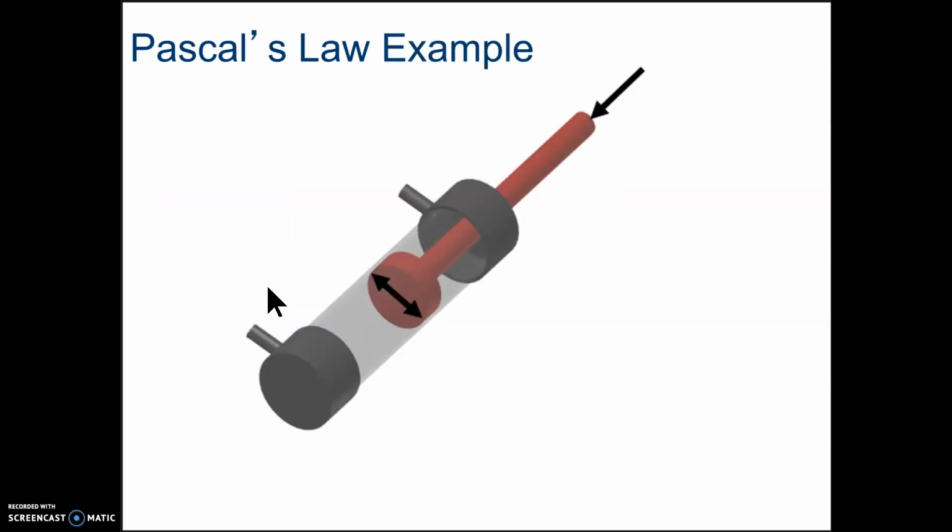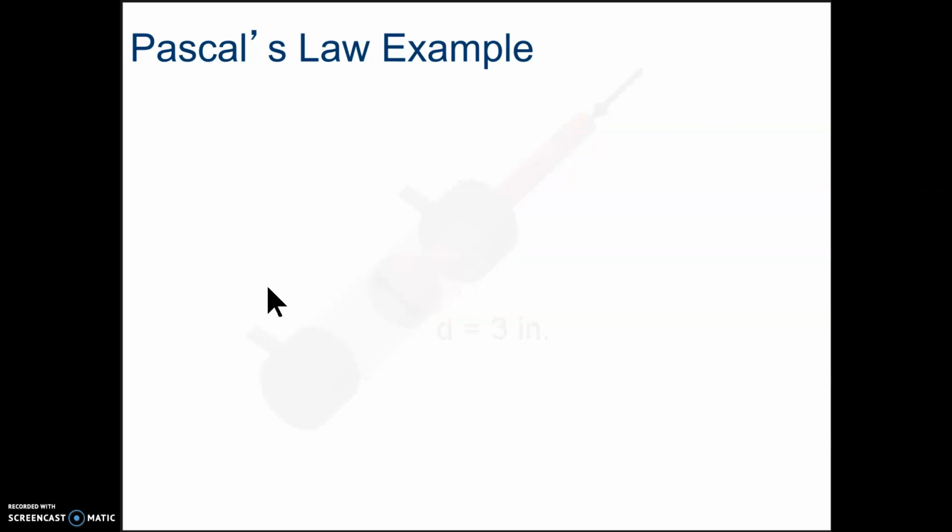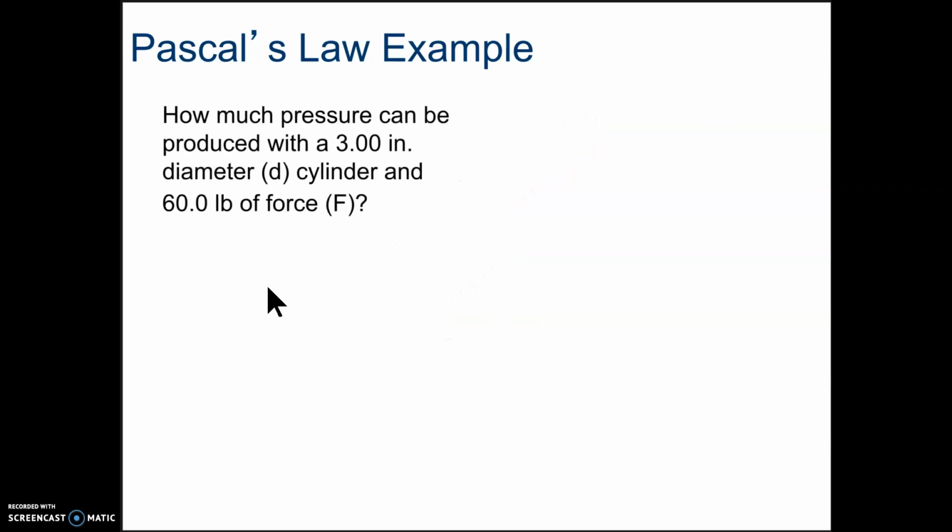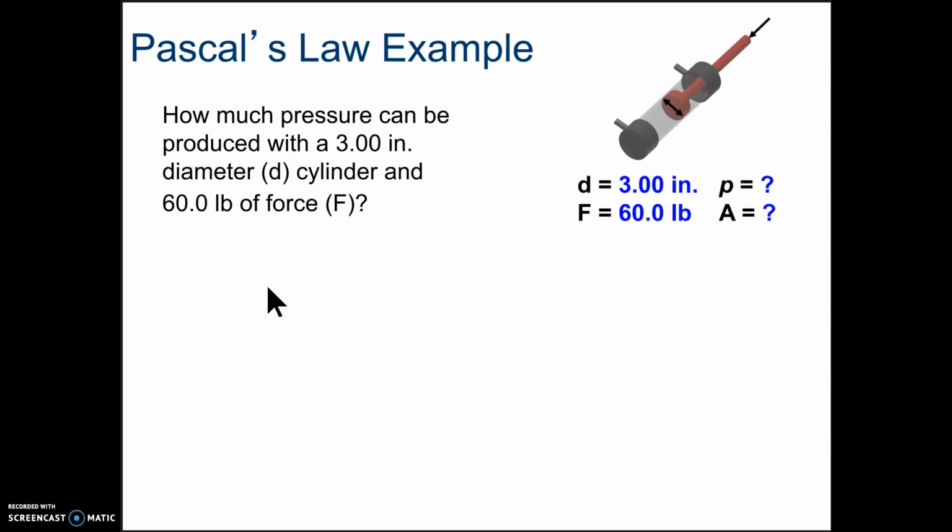Okay, an example of Pascal's law very quickly here. How much pressure can be produced with a 3-inch diameter cylinder and 60 pounds of force? Well, our diameter is 3 and we know our force. To find pressure, we are missing area, because pressure equals force over area. This is a cylinder, so the area is the area of a circle, pi r squared.